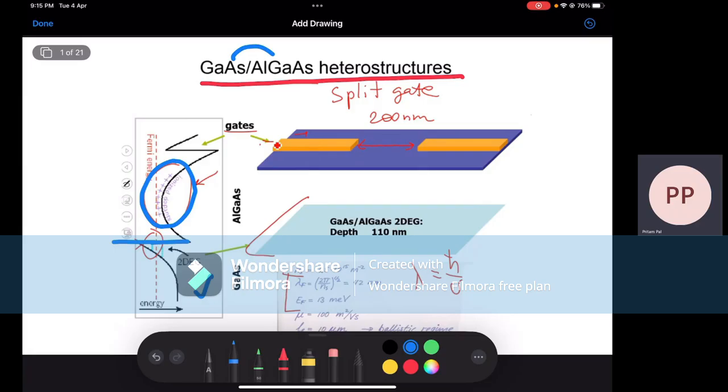This kink, this triangular well, corresponds to a two-dimensional free electron gas, constrained in one dimension, but in two dimensions it's free. Here I show it by this blue colored sheet that you can see.